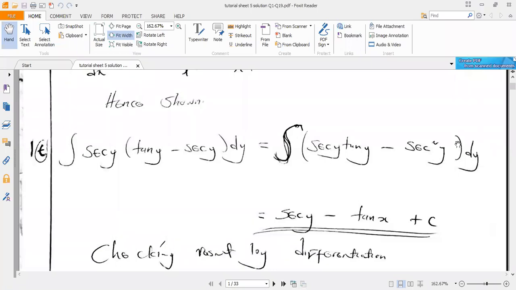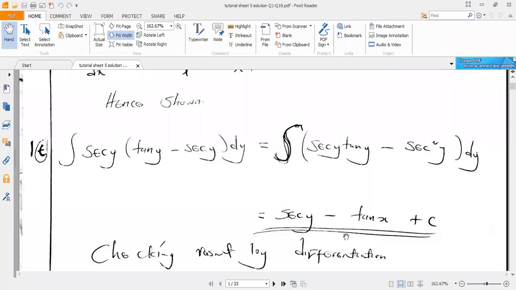Now we want to integrate this. When we are integrating, we can split the two because they are subtracting. So we can say the integral of sec y tan y alone minus the integral of sec^2 y with respect to y. When we integrate sec y tan y, from the identities we get sec y.